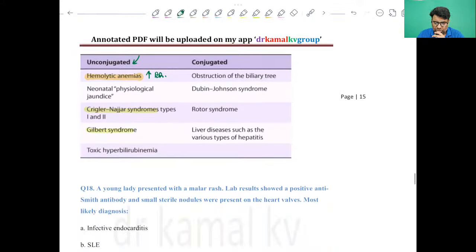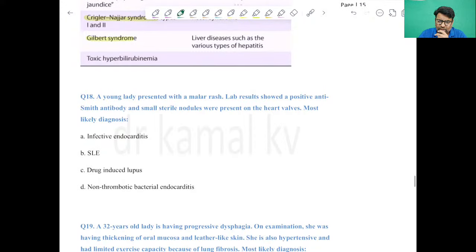Okay. Moving forward, a young lady presented with malar rash. So there is a rash over the cheek, and on lab test there is positive anti-Smith antibody, and there are small sterile nodules which are present on the heart walls.